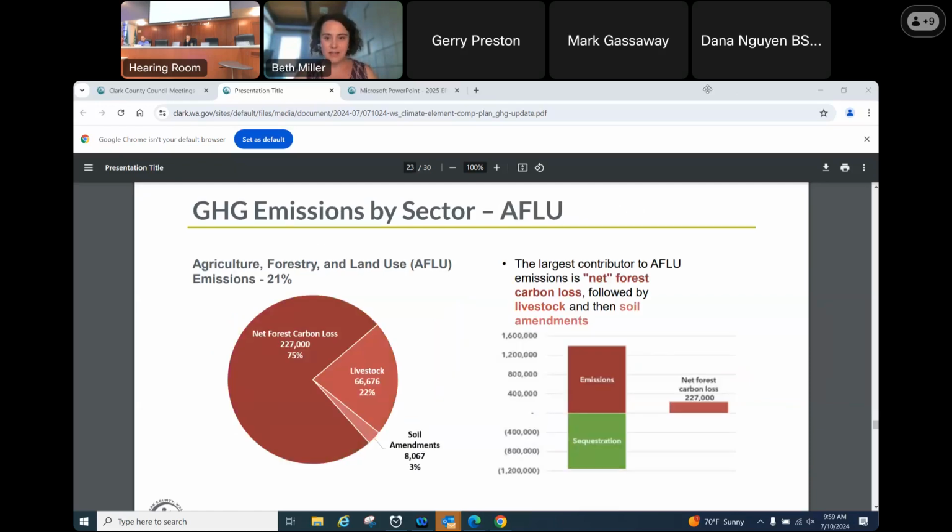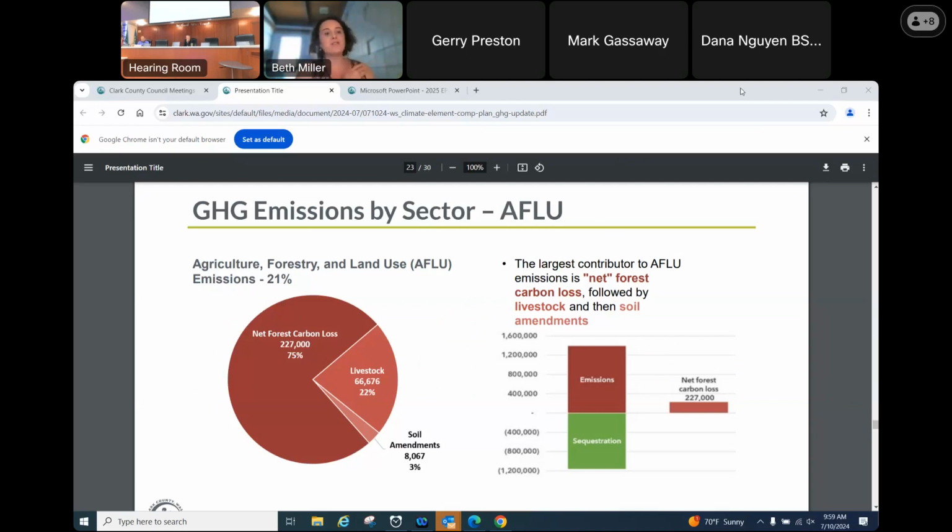Right, next. All right, so the next biggest sector is AFLU, agriculture, forestry, and land use. In this case, it's almost entirely from net forest carbon loss. This is estimated by looking at satellite images of the county over the past 20 years and looking at changes in canopy cover.